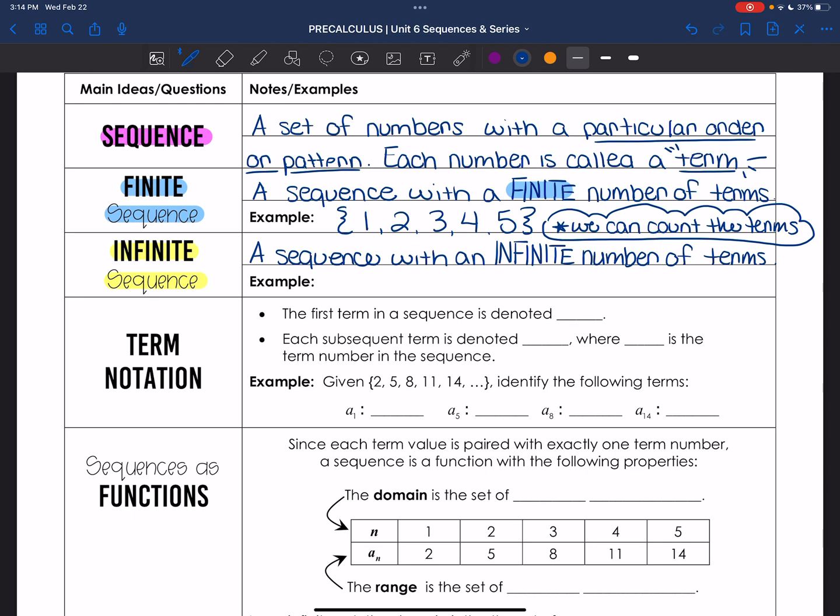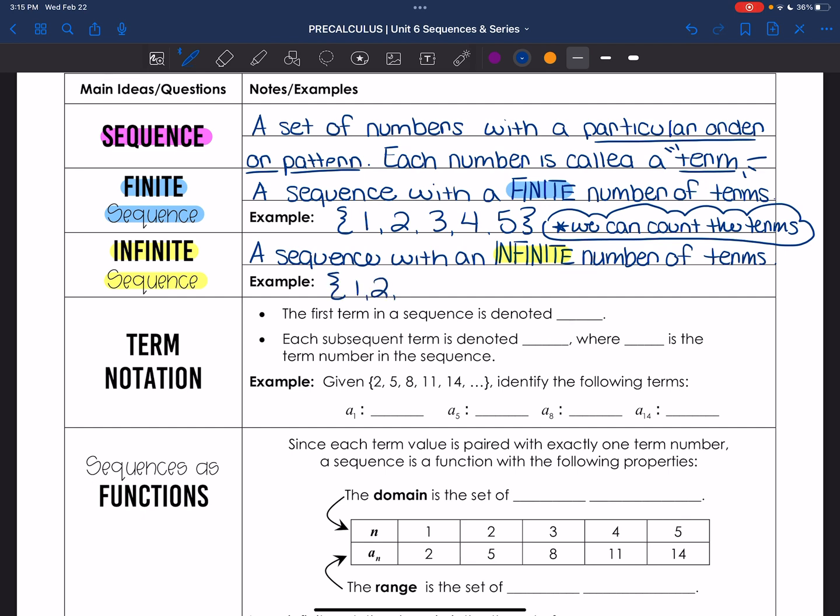Now contrast that with an infinite sequence. An infinite sequence is a sequence with an infinite, let's highlight that, an infinite number of terms, meaning that we cannot count all of the terms.